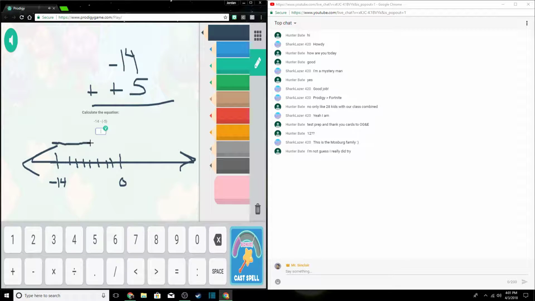We're actually going to go forward 5 due to the double negative happening, and you just change this to a plus, change that to a plus. Now you're adding 5 to negative 14, so you're going to go up 5, which is going to be 9. Oh, sorry, negative 9.